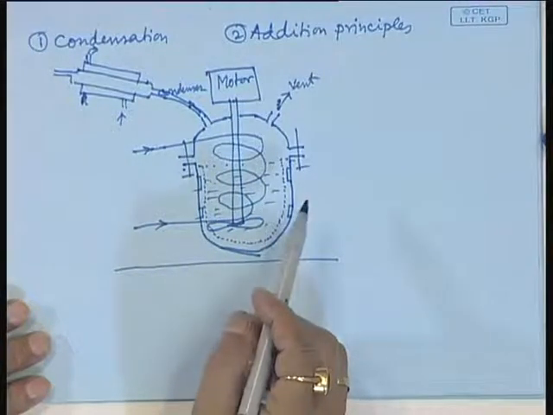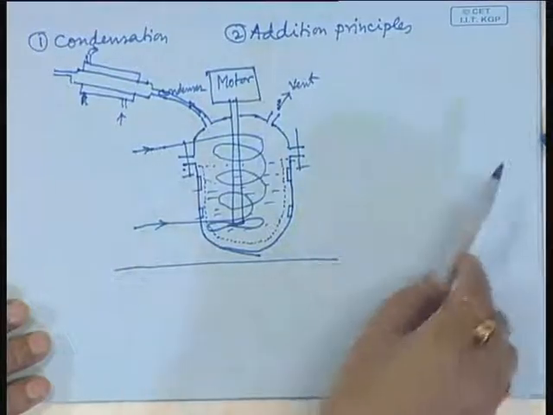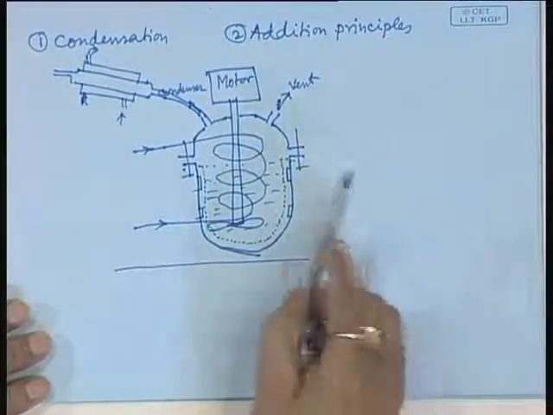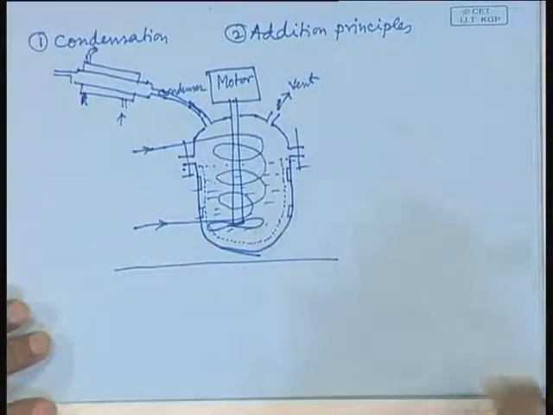But there are certain problems. These problems are obvious. What is the product here?